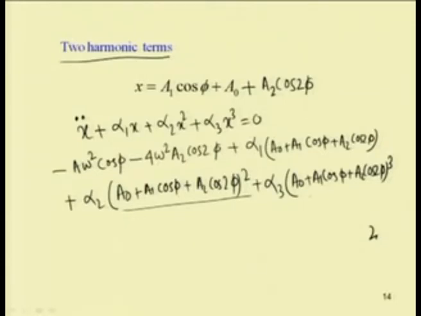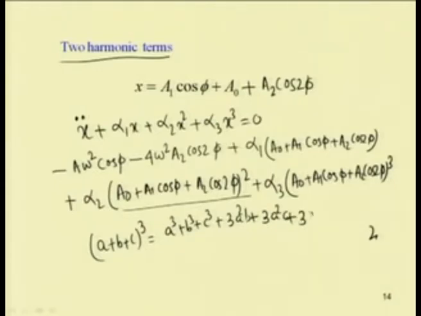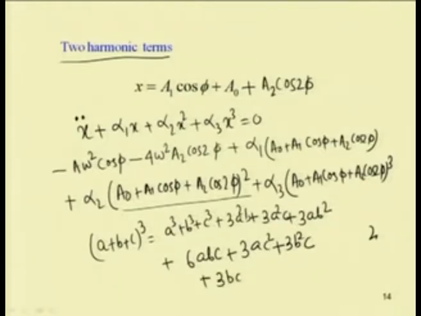Similarly, for A plus B plus C, if you take this as A, and this as B plus C, you can use this formula: A plus B plus C whole cube equal to A cube plus B cube plus C cube plus 3 A square B plus 3 A square C plus 3 A B square plus 6 ABC plus 3 A C square plus 3 B square C plus 3 B C square.